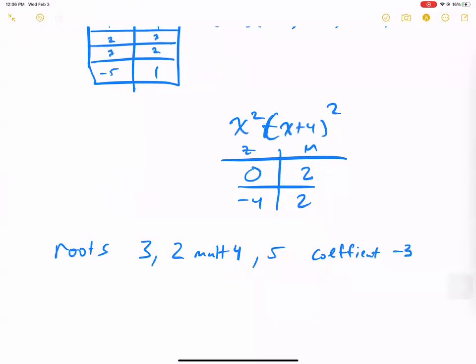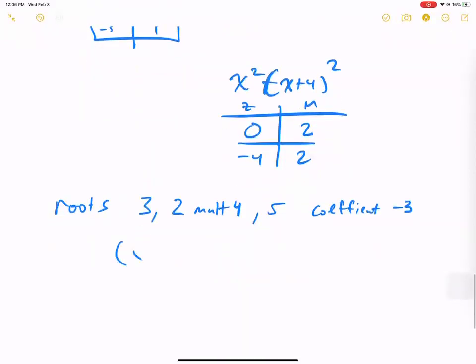I'm going to tell you how to write this original polynomial. The root is 3, so my factor is x minus 3. My root is 2, my factor is x minus 2. How many times does this happen? 4 times. My root is 5, my factor is x minus 5. And you have to write a coefficient of negative 3, which means you stick a negative 3 in the front. And that is your polynomial.